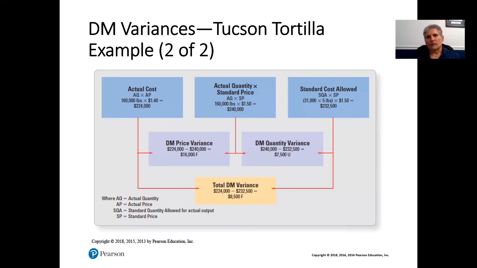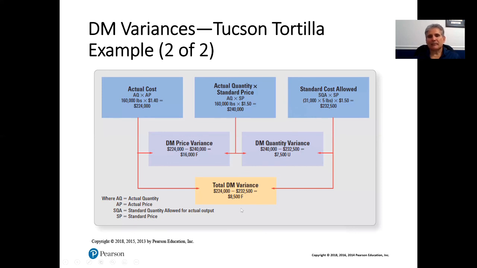Well, 155,000 compared to 160,000, we used 5,000 pounds more than what we should have. What happened to the 5,000 pounds? Did we have machine breakdowns? Do we have people coming up in their trucks and loading materials and taking off with it? That's investigative.